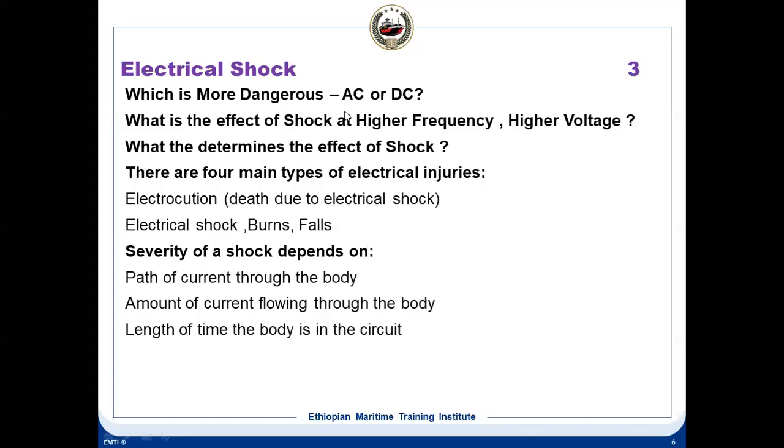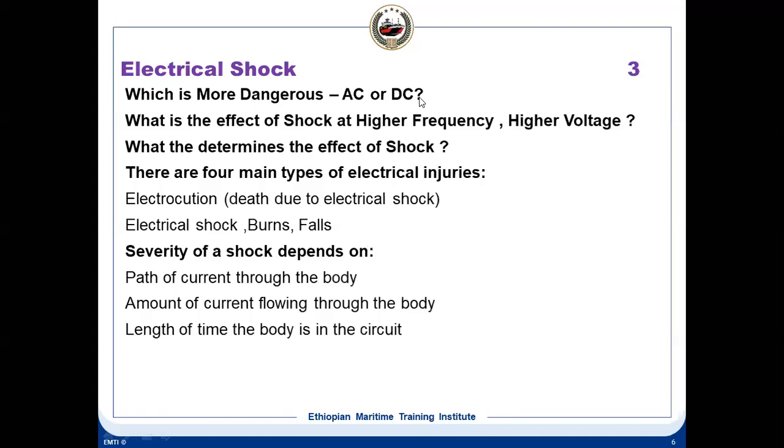You see, in case of AC, when we say 230 volt AC, that is the RMS voltage. If you say 230 volt AC, that's the RMS voltage, which is equivalent to 230 volt in DC.